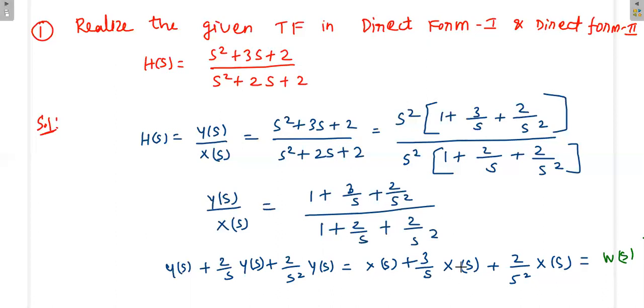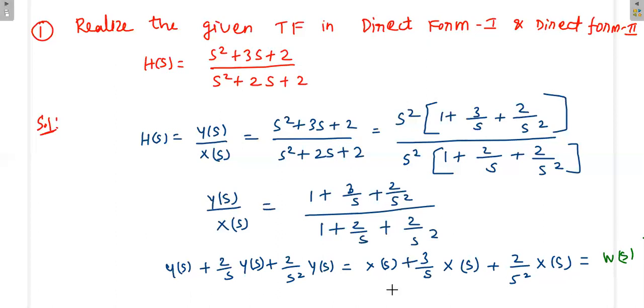So with this equation we'll realize the block diagram on the left hand side, and with this format we'll realize on the right hand side, that is the output side. Now I'll write two equations from this, one with X(s) and W(s), and another with Y(s) and W(s).